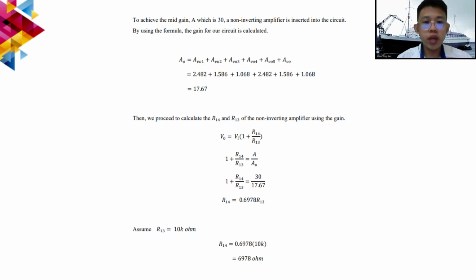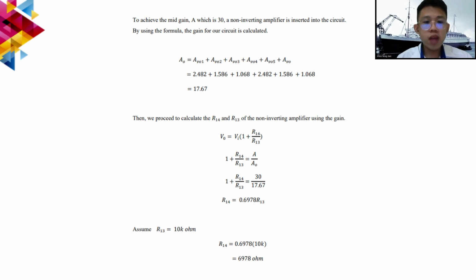To achieve the mid-gain A of 30, a non-inverting amplifier is inserted into the circuit. The AVO is equal to 17.67. VO equals VI times (1 plus R14 divided by R13).